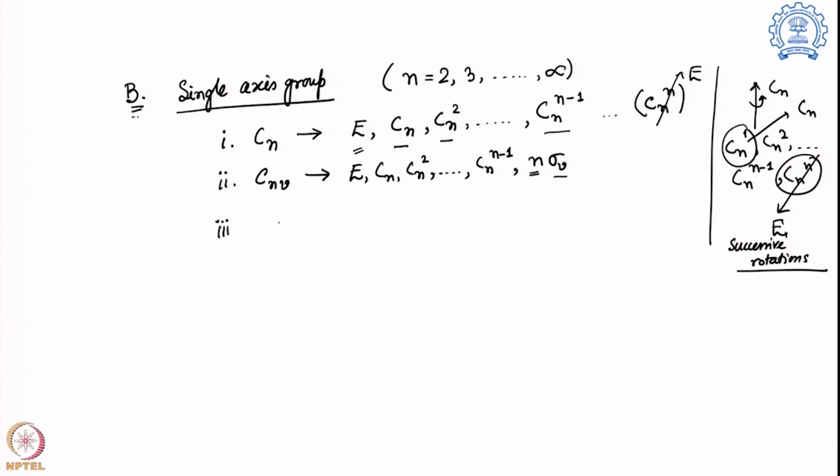Then comes the next one, it is called Cnh. Again, you have the Cn rotations up to Cn^(n-1), and along with that it also has a sigma h, the horizontal plane of reflection. And in a molecule, because you have only one principal axis Cn and only one plane possible perpendicular to that, sigma h you can have only one, whereas sigma v, which actually contains the principal axis, you can have multiple numbers, even infinite.